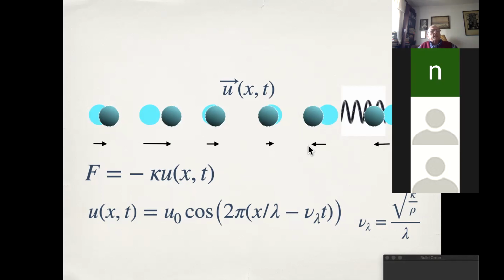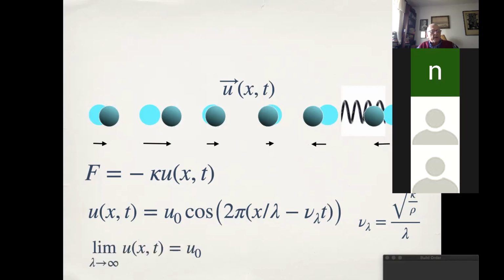But what happens when the wavelength of that excitation, the parameter lambda, goes to infinity? When lambda goes to infinity, then the expression in the bracket vanishes, and the argument of the cosine is equal to 0, so the cosine of 0 is equal to 1.